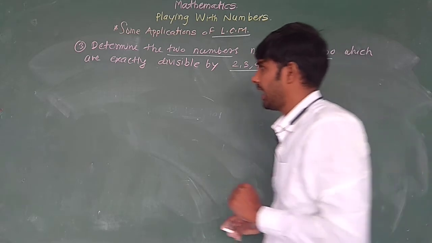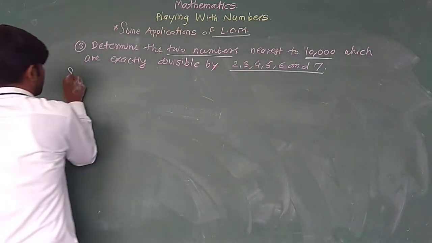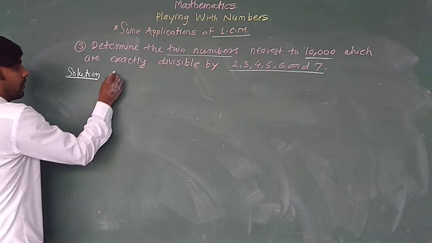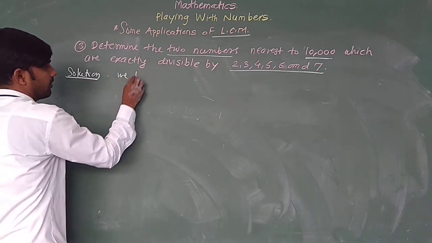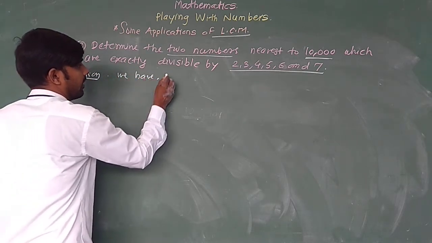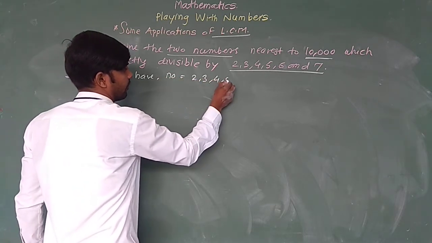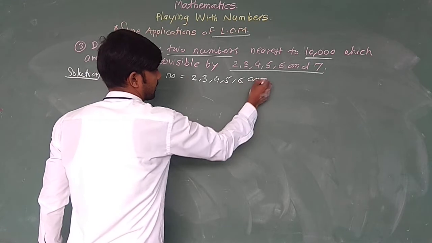Okay, so for that, write down the solution. We have the numbers 2, 3, 4, 5, 6 and 7.